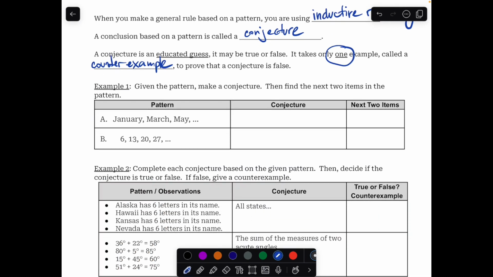In example 1, we have January, March, May. In this list, we're skipping February, and then March, and then April, we're skipping that, and then we'll make a conjecture: we're going to skip every other month.